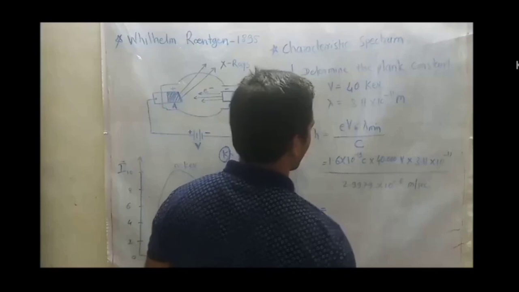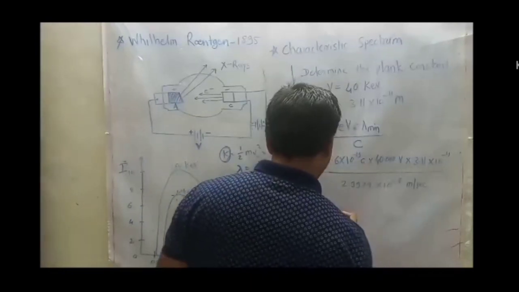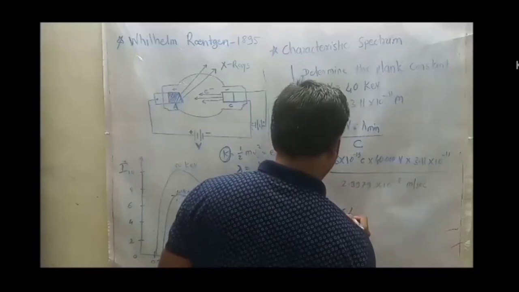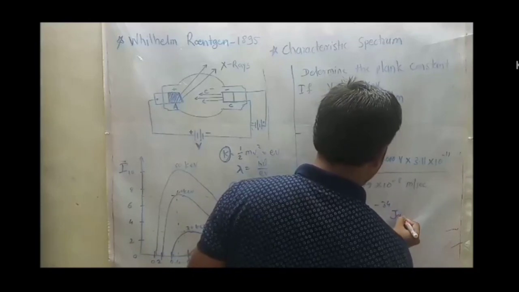If we calculate this value, we get the Planck's constant 6.64 into 10 raised to minus 34 joule second.